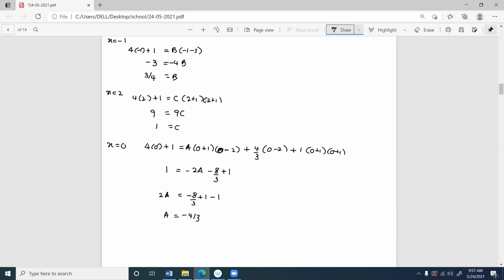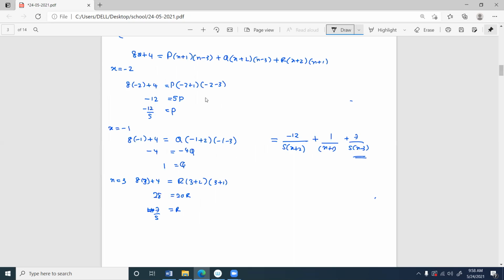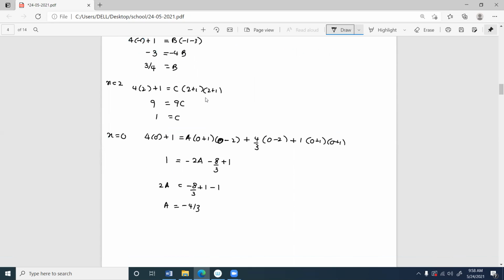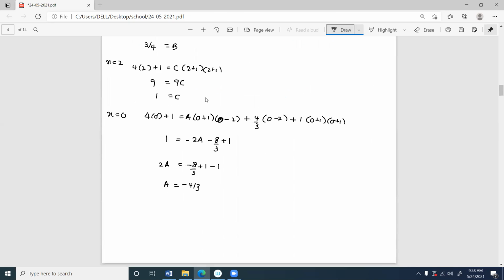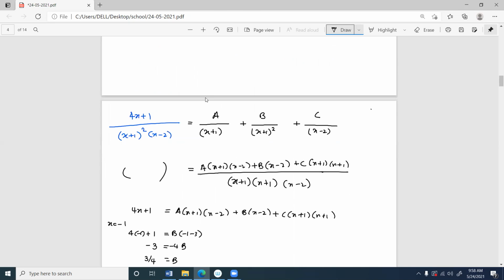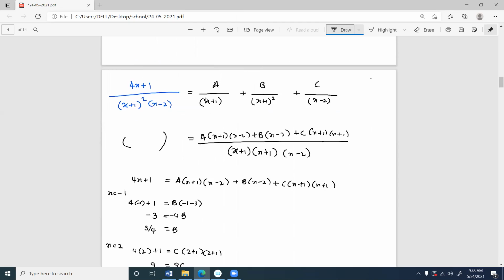With this you get the answer A equals minus 4 over 3. This is pretty simple, right? Then you can write the final answer. A over x plus 1 means you can say minus 4 over 3 times x plus 1. B is B over x plus 1 squared.